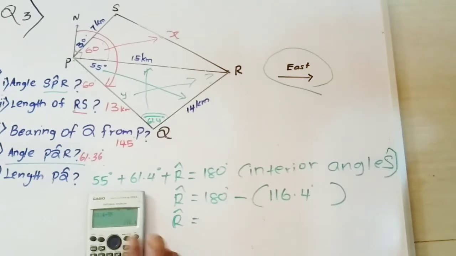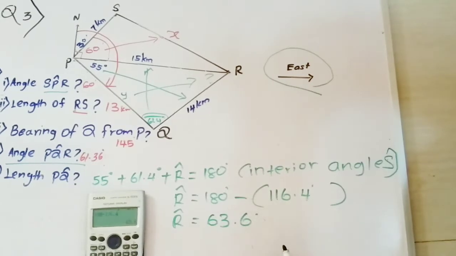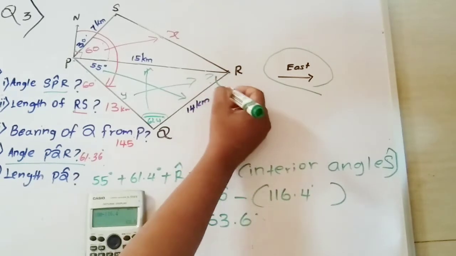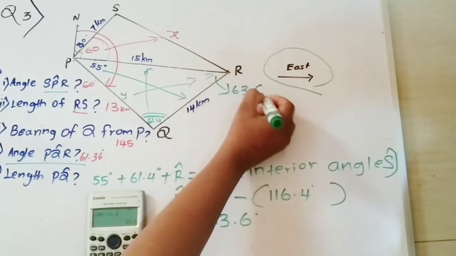What's the final answer? R equals 63.6. Angle R equals 63.6.